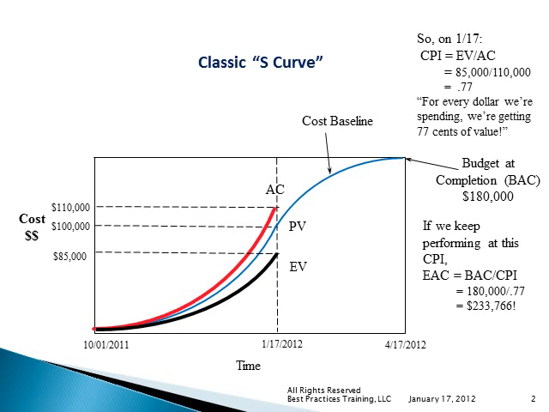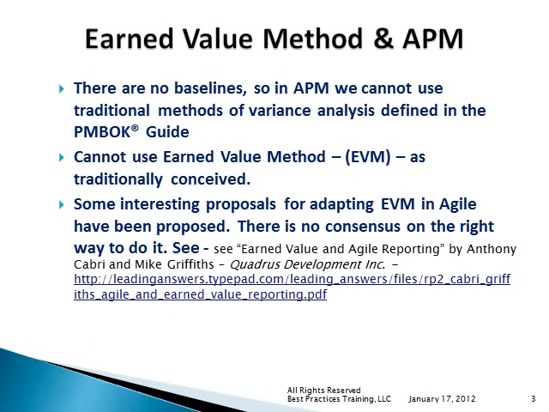We don't know BAC, and without that, we can't plug these numbers into the earned value equations for variance, performance indices and the forecasts. So just to follow up, since we don't have an accurate cost baseline defined early in the project in Agile, we cannot do earned value as it's been traditionally conceived.